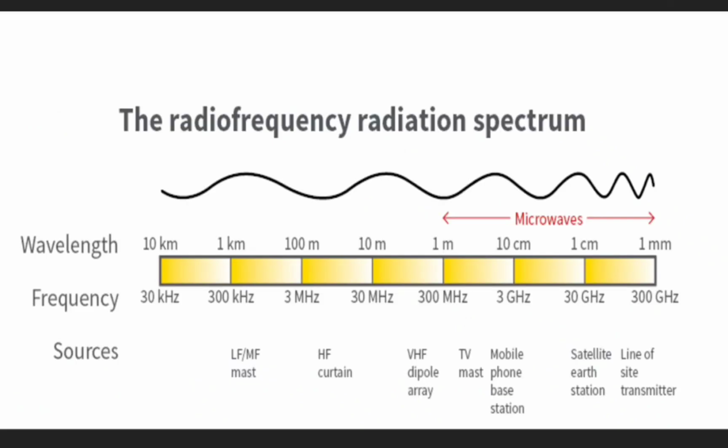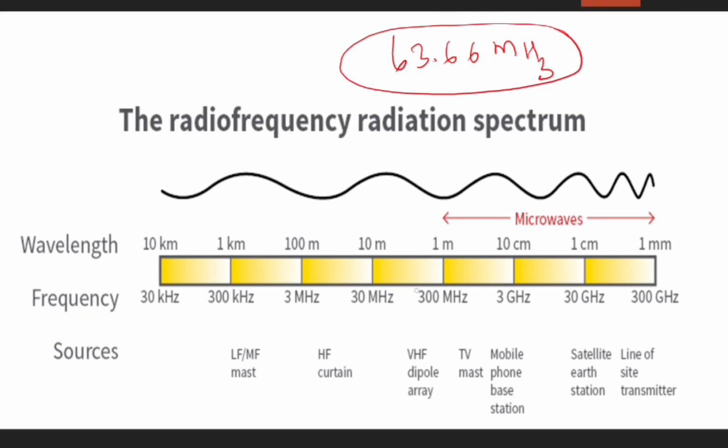In our MRI machines, normally the Larmor frequency is 63.66 megahertz. If you see this frequency spectrum, the frequency will be lying somewhere here. This is our MR frequency. We use the MRI machine in this range, that is very high frequency.